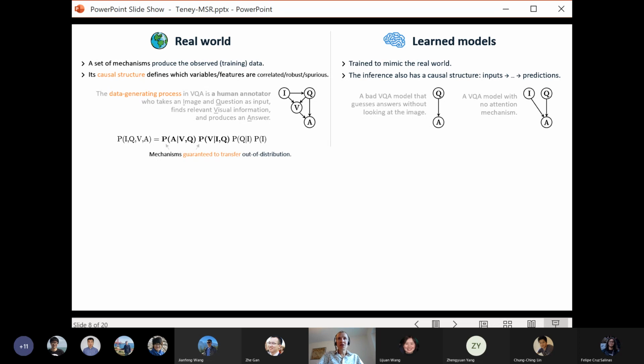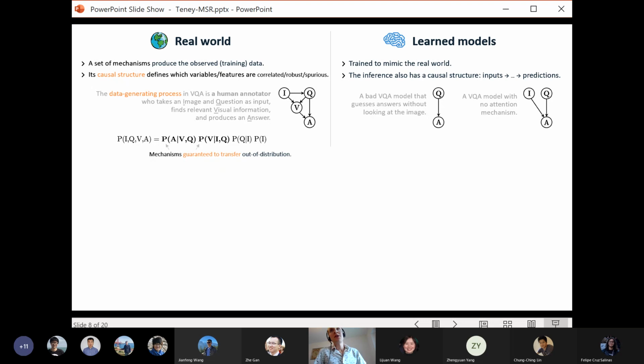So this factorization is a special one in which the factors correspond to independent causal mechanisms. So these mechanisms are guaranteed to transfer out of distribution. That means that's the mechanism that we want to learn.